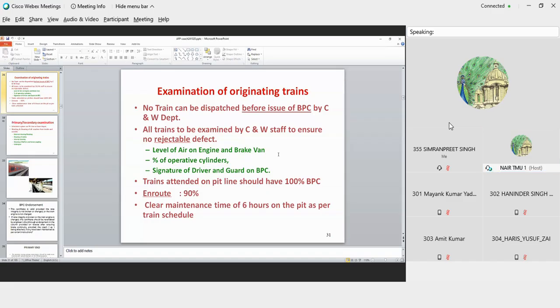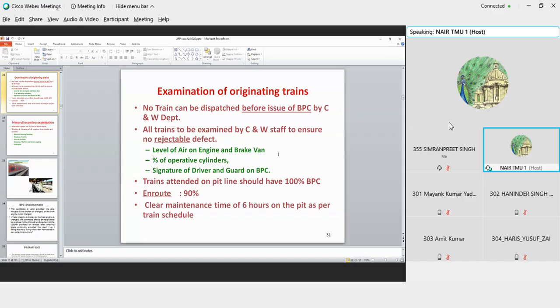When the train has been attended on the pit line, what is a pit line we'll see, and it comes on the platform, it is supposed to have 100% brake power. It indicates that all the brake cylinders, the pneumatic brakes, which are available in the rake formation, are in working condition.